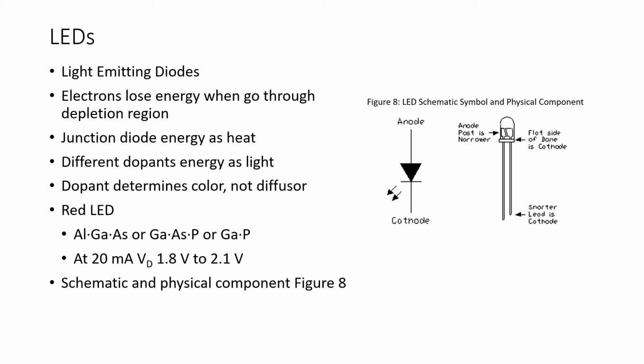It somewhat correlates to the band on the component. Also, the shorter lead of the component is the cathode. Just like diodes, if we connect an LED backwards in a circuit, it will not light.